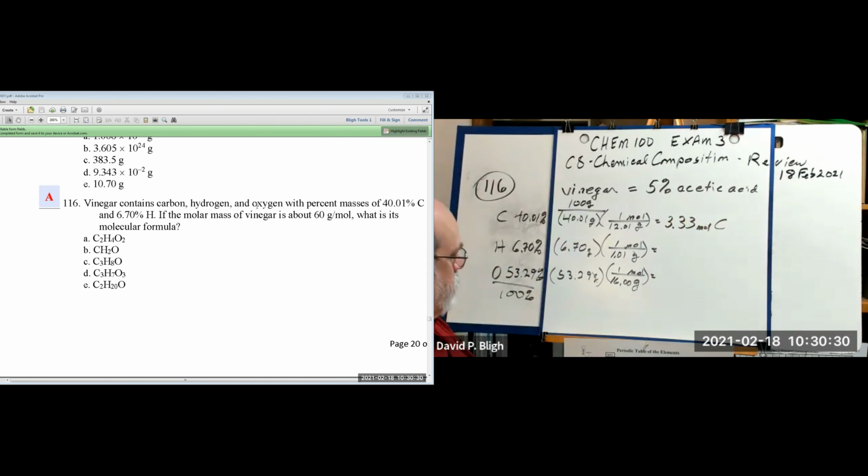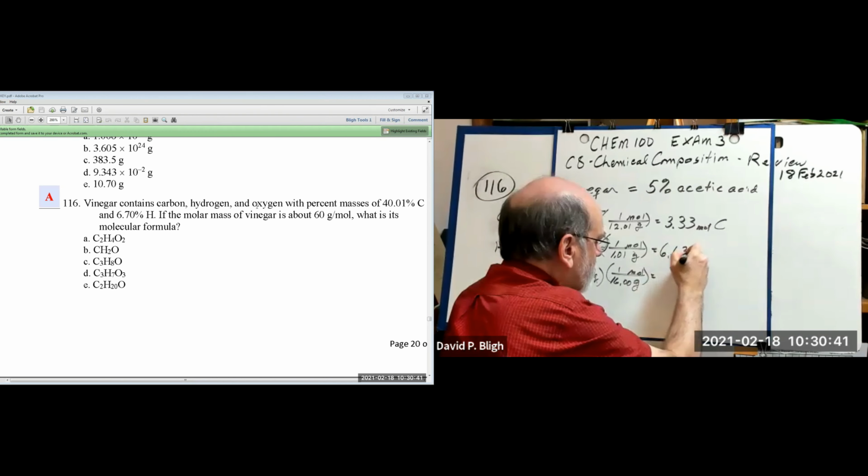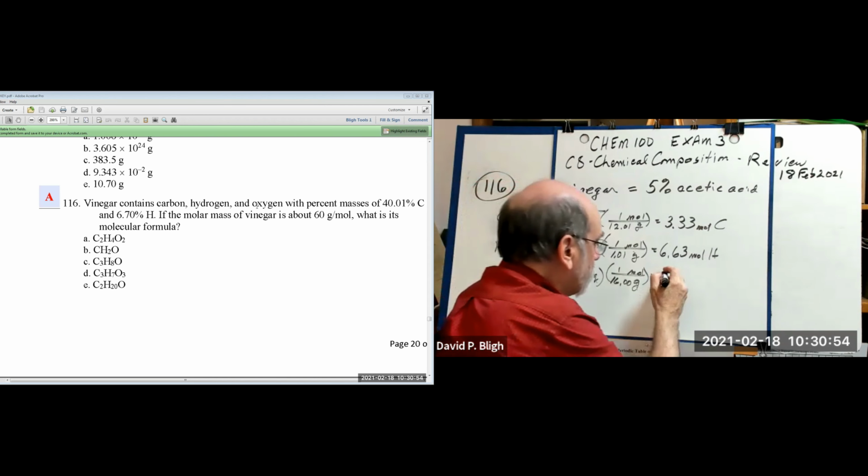And this one ought to be close to 6.67. 6.63. Okay? And oxygen, last but not least, is 3.33 also.